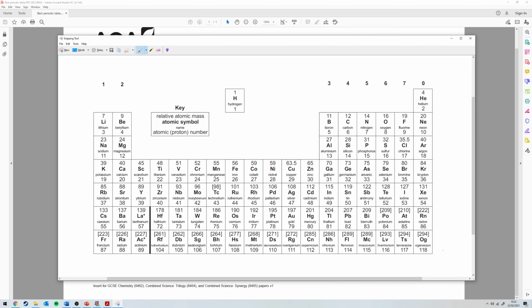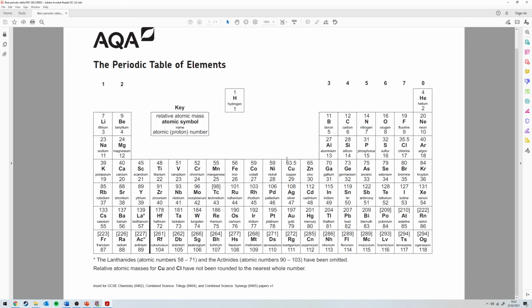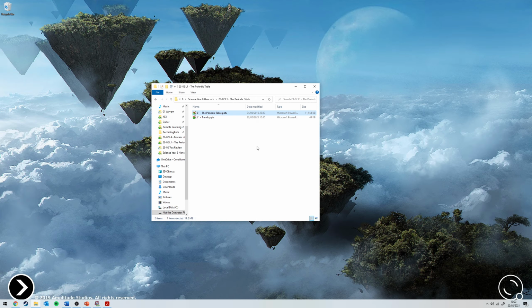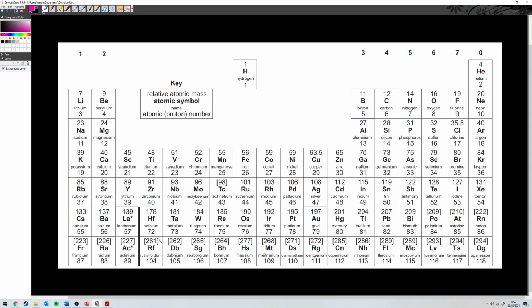Then you can open up Paint, or you can do it just right on here by drawing on it, and you'll have yourself an editable periodic table. Now I've got mine in here, so you'll need a pen, preferably more than one different colour, but it doesn't really matter too much.